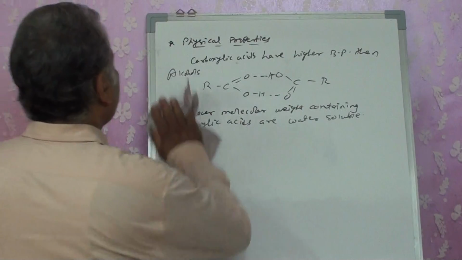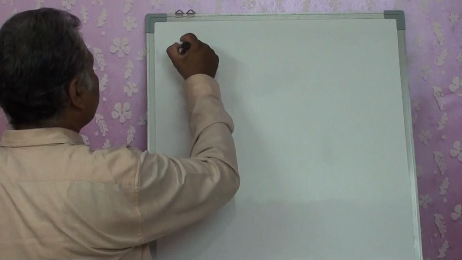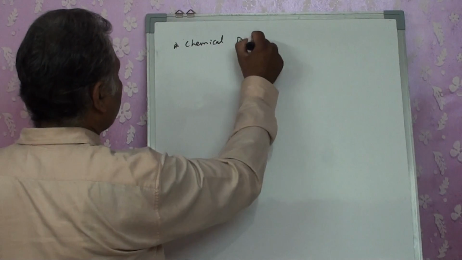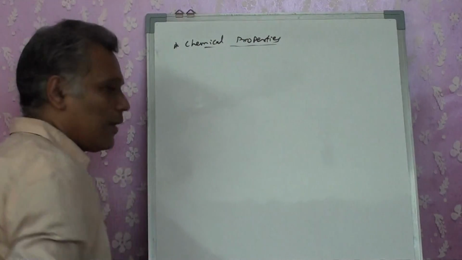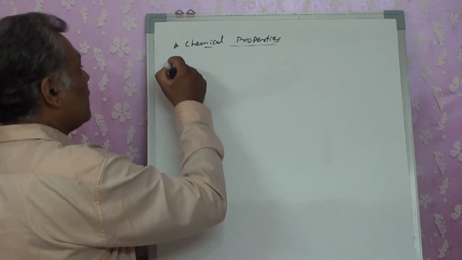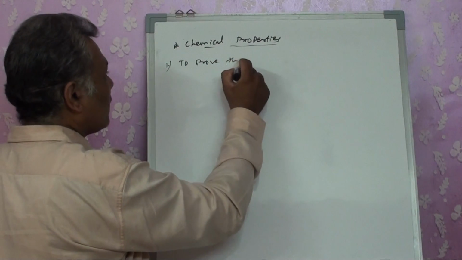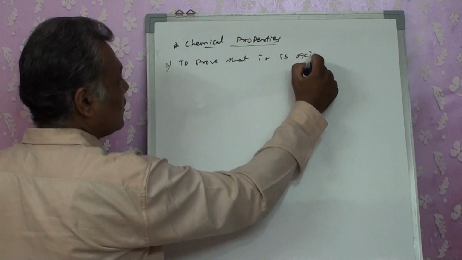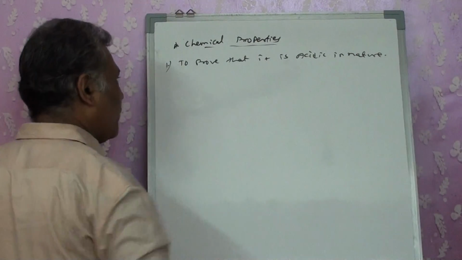Okay, next one we are having is chemical properties. Now when we are talking about the chemical properties, our first property is to prove that our carboxylic acid is acidic in nature.